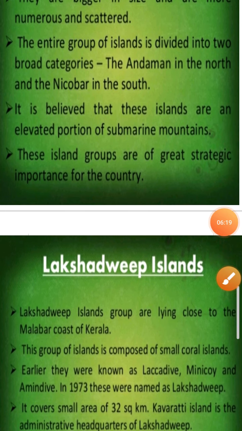These island groups are of great strategic importance for the country because there are a number of resources we can get, and we can protect our territory and boundary from different water invaders.